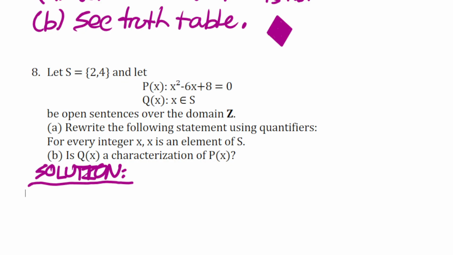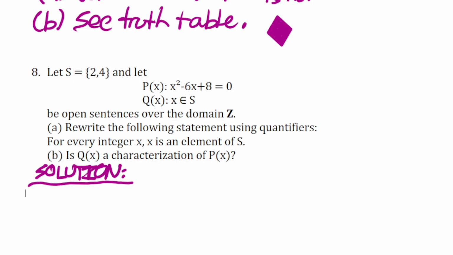So we are given S, a set with elements 2 and 4, and we're given two open sentences. P of x is x squared minus 6x plus 8 equals 0, and Q of x is x is an element of S. These are open sentences with the domain of integers.